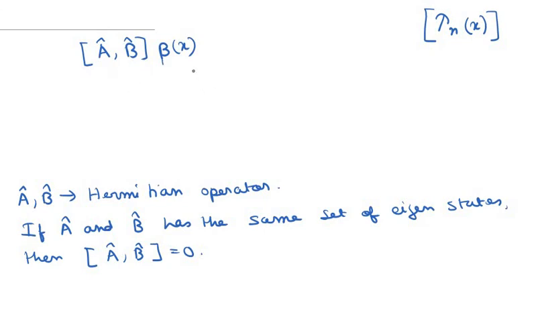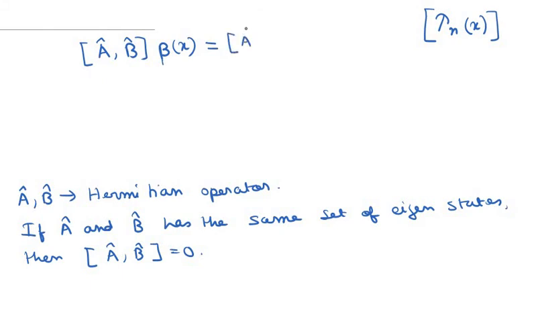They both have the same set of eigenstates. Beta x can therefore be broken down in terms of this complete set, because the set of eigenstates of operator a or operator b forms a complete orthogonal basis.